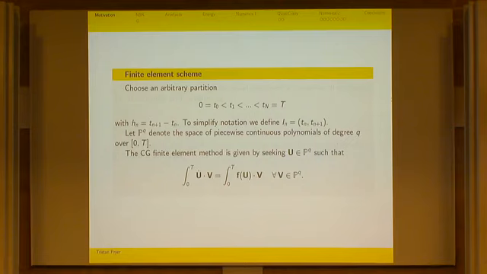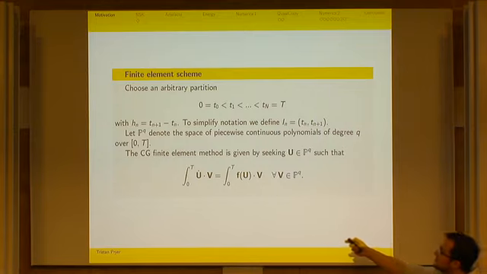And then to discretize this, you do more or less a similar thing. You divide your temporal domain into some partition. You specify intervals and mesh sizes, and you say, okay, where am I going to look for my solution?